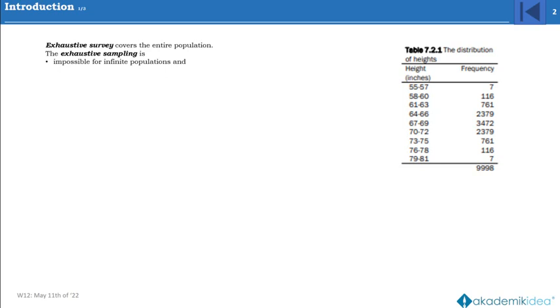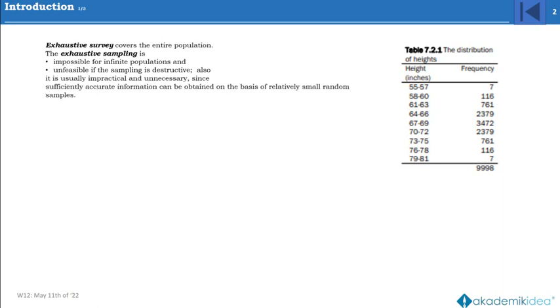It is impossible for infinite populations and unfeasible if the sampling is destructive. We had discussed this earlier. Also, it is usually impractical and unnecessary since sufficiently accurate information can be obtained on the basis of relatively small random samples.